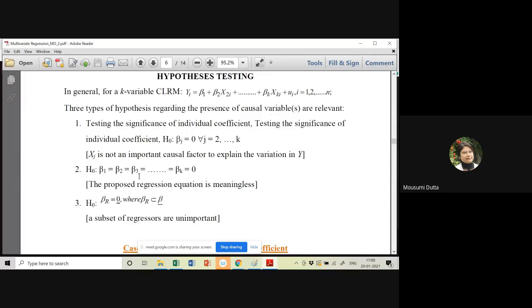So if this null hypothesis is accepted, in that case the proposed regression equation is meaningless. Overall, the explanatory variables together cannot explain yi, so the proposed regression equation is not meaningful. And if we reject the null, overall the model is significant.